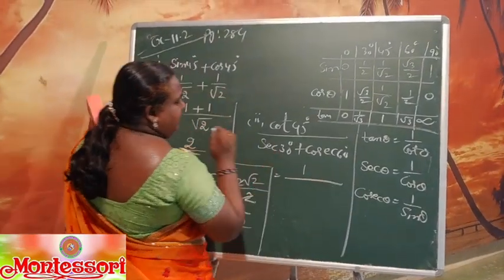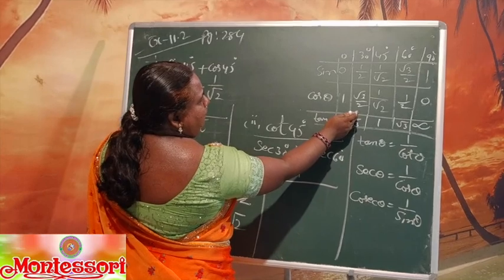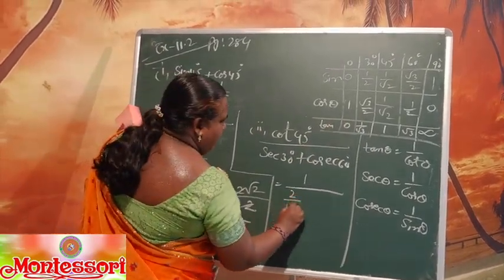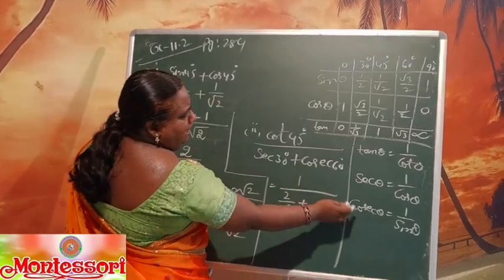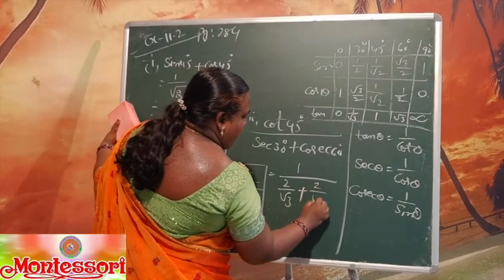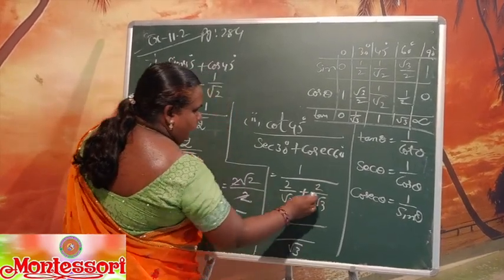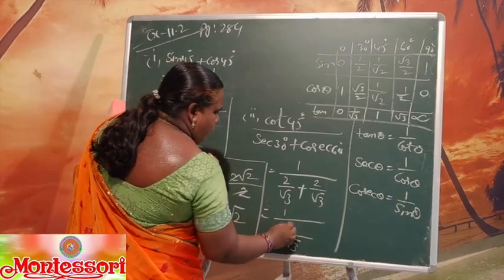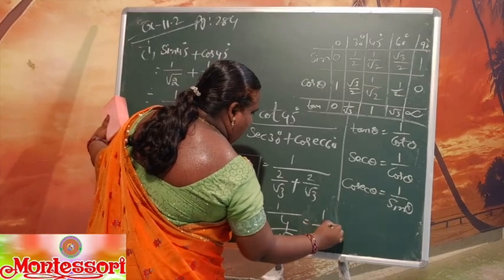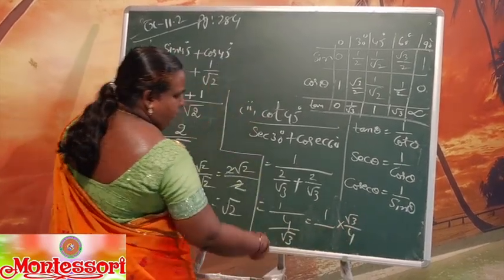By sec 30. Sec is nothing but the reciprocal of cos. What is cos 30 here? Root 3 by 2. Now reverse it, reciprocal, 2 by root 3. Cosec 60 is the reciprocal of sin 60. Sin 60 is root 3 by 2, again reciprocal, 2 by root 3. So the answer is 1 by root 3 divided by 4 by root 3. If you reverse it, 1 by root 3 by 4, root 3 by 4.